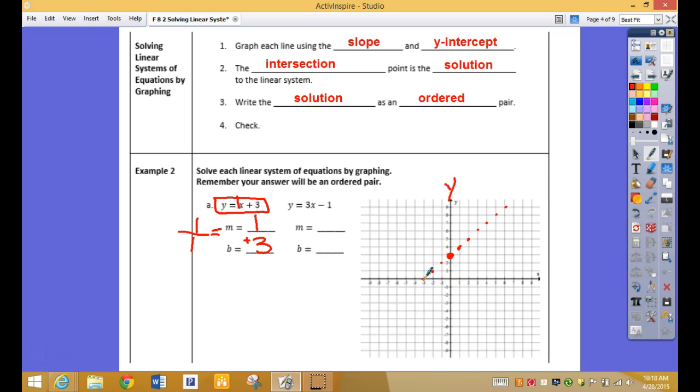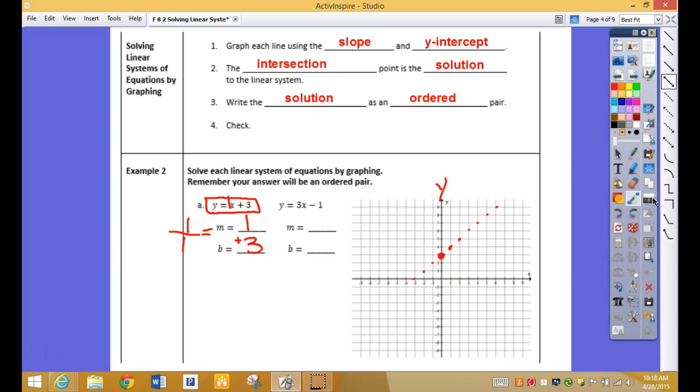Very important that you make your lines nice and straight, because you need to see exactly where these two lines intersect. And make them nice and long, so you don't have to extend it later.